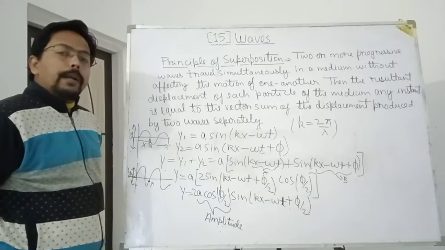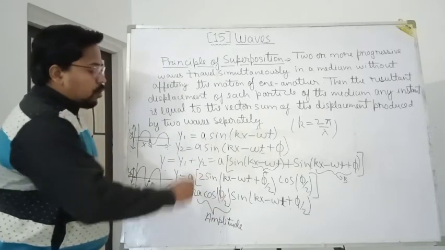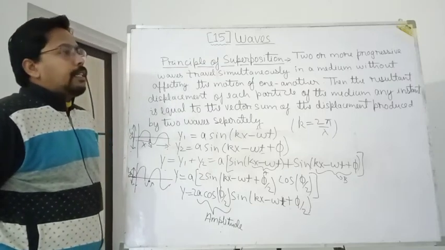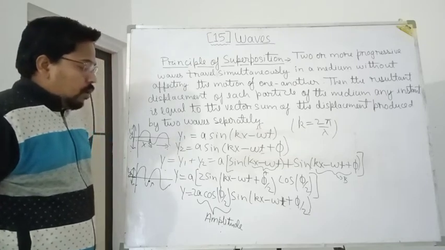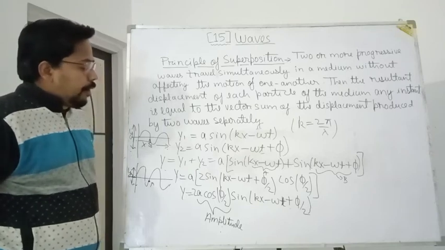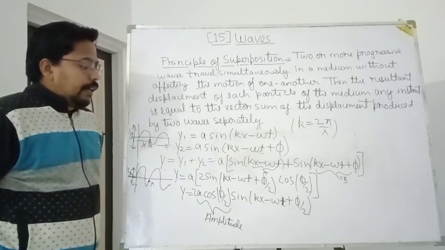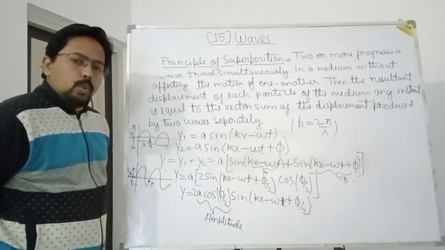The maximum amplitude will be there when the value of cos(phi upon 2) becomes maximum, and we know that the maximum value of cos theta is 1. Cos 90 is 0, but if we talk about cos 0, it will be giving the maximum value.